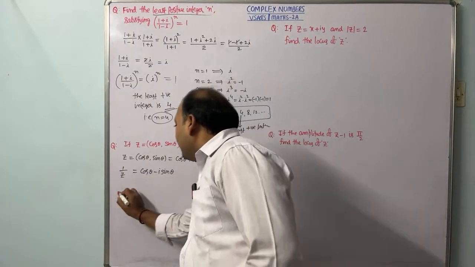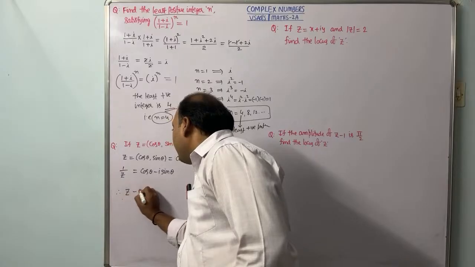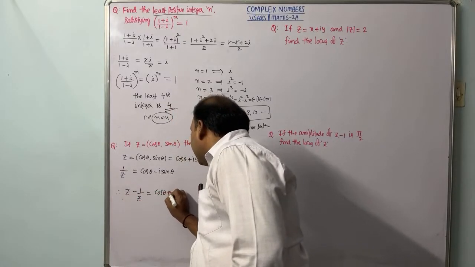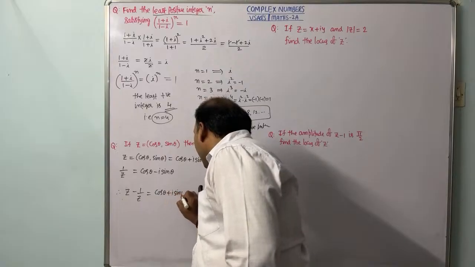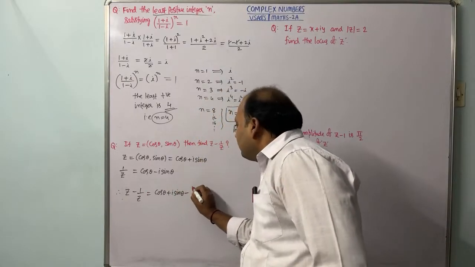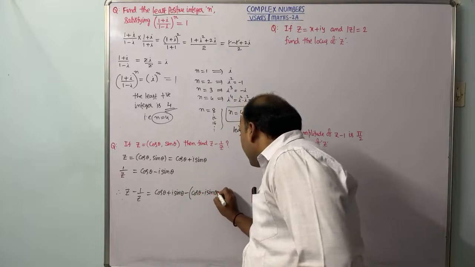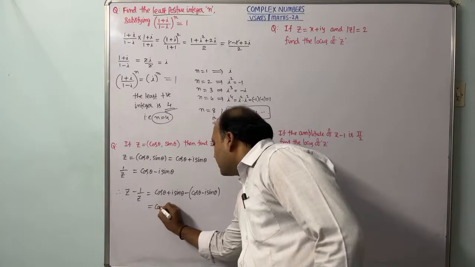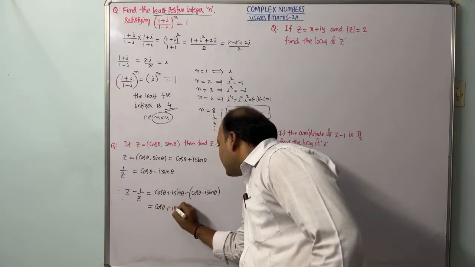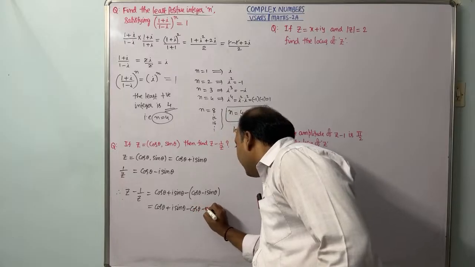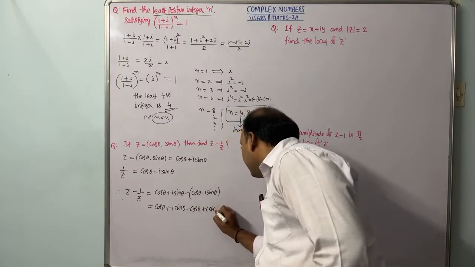Now come to the question. Therefore, z minus 1 by z is equal to cos theta plus i sin theta minus cos theta minus i sin theta. So which is equal to cos theta plus i sin theta minus cos theta plus i sin theta.